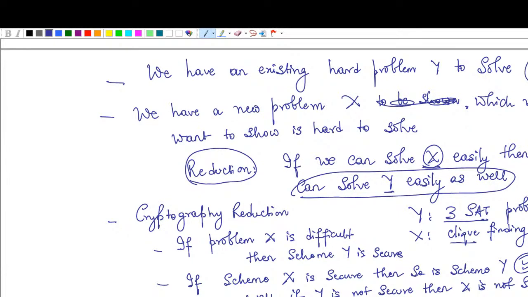So relating an attack against Y to an attack against X is basically what we do through reductions. But in the first place, there is no attack against X possible because I am assuming that X is secure. That means whatever attack we have assumed to exist against Y also does not exist. So it's like putting the blame on something else. You want to prove that if something existing is secure, then the new thing which you are constructing is secure, right? And to do that, we are basically taking the help of reductions.